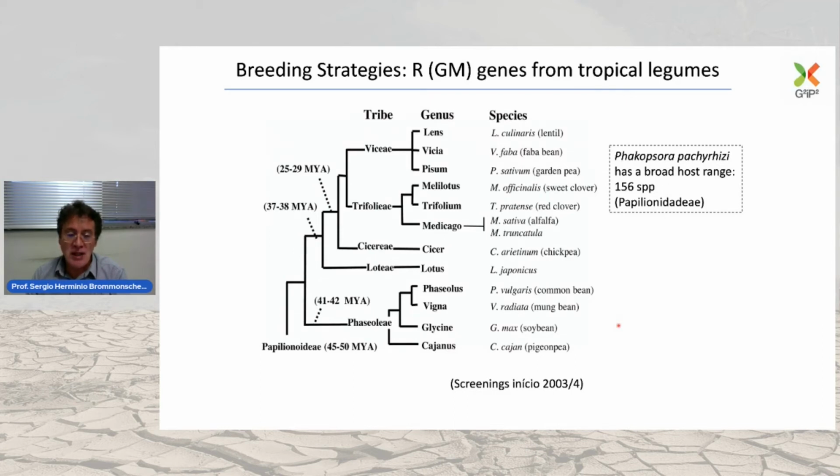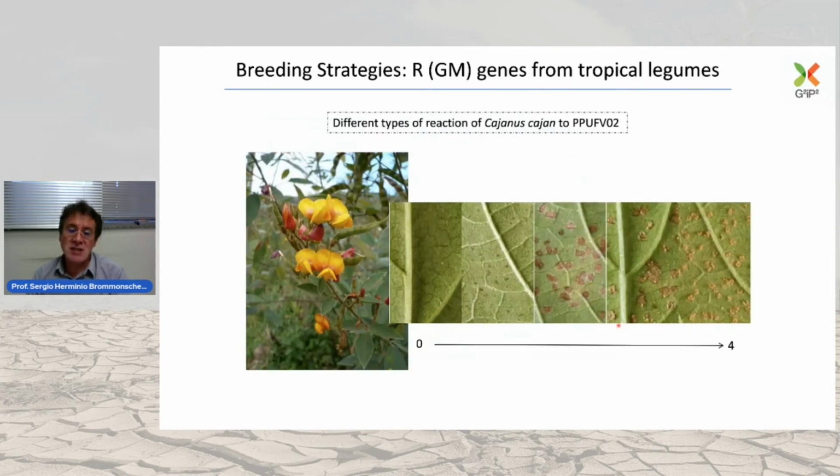Okay, so the idea was to look for genes that can provide broad spectrum resistance, or a gene that has some new mode of action, and transfer it to soybean in order to get a very strong resistance. So that's some of the work that we are doing.